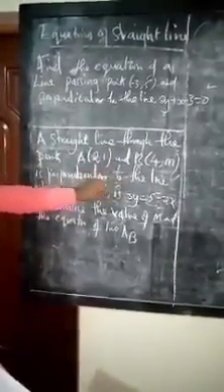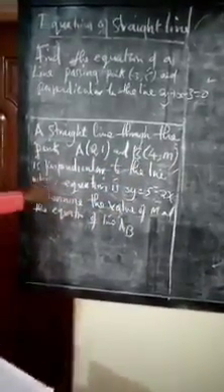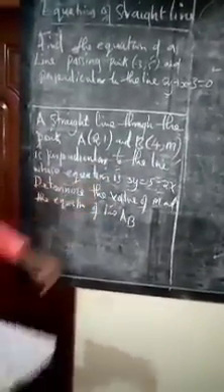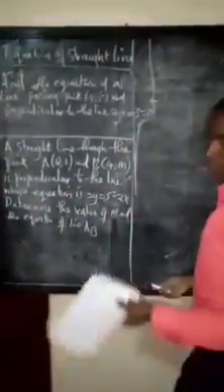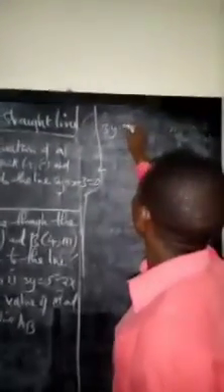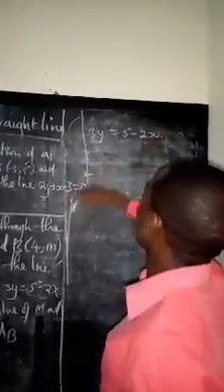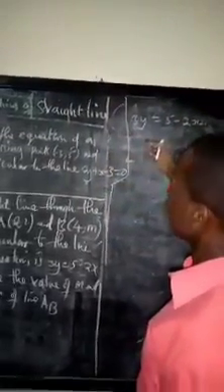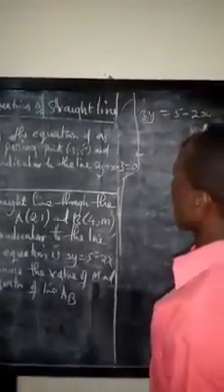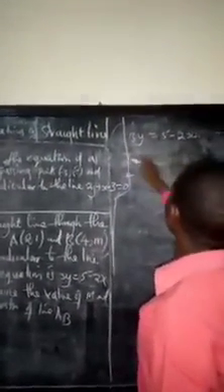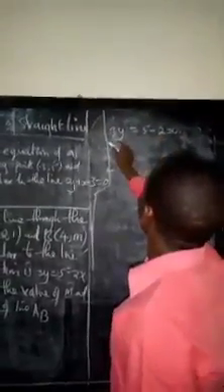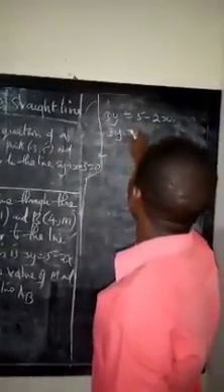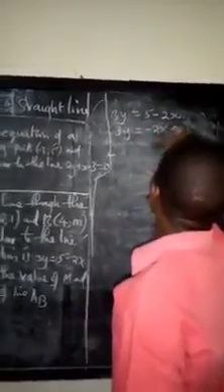A straight line passes through point A, which is 2, 1, and B, which is 4, m, and is perpendicular to the line whose equation is, in mathematics we move from known to unknown. In our case we have a known, that is 3y equals 5 minus 2x. Remember, in linear equations we first write the equation in the form y equals mx plus c. In our case, we can rearrange this one to have 3y equals negative 2x plus 5.